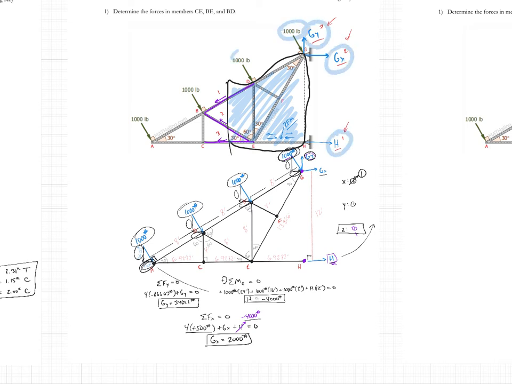I know these. And the only unknowns will be here, here, and here, right? So when I write these guys, I'm going to write them in using these values, because that's going to make my life a lot easier.